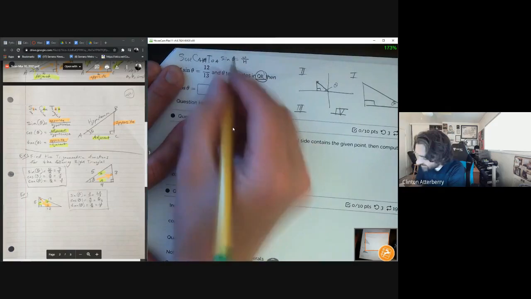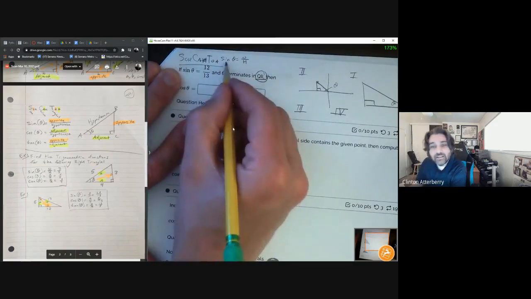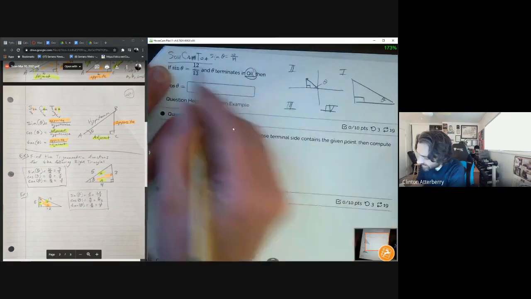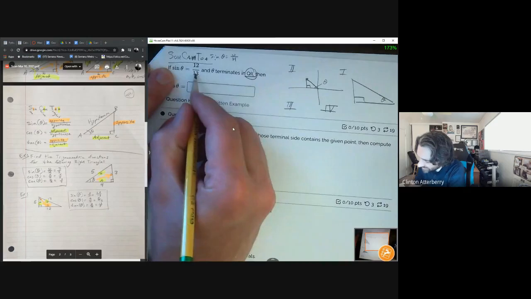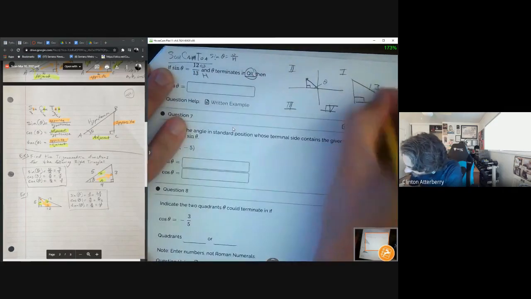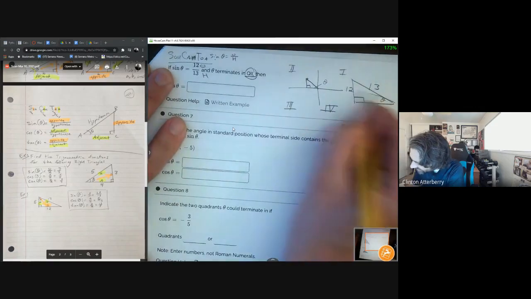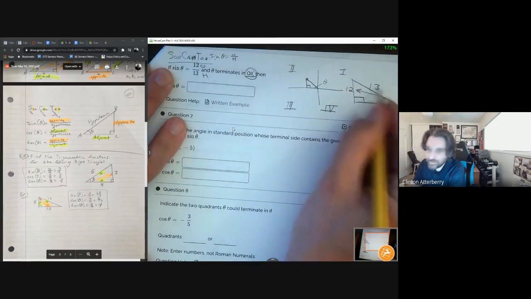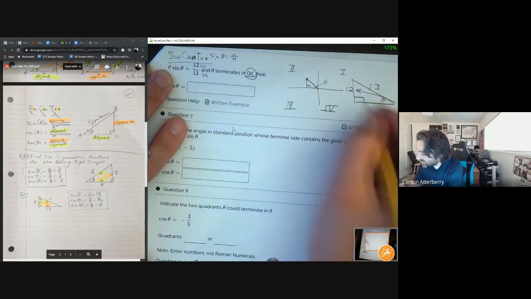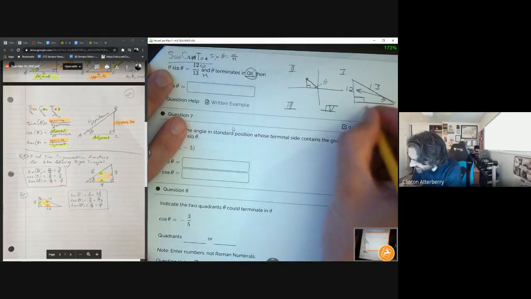So whenever you see something like sine, you should be thinking of the fraction opposite divided by hypotenuse. So when I see 12 over 13, this is the opposite, and that's the hypotenuse. So the opposite is 12, and the hypotenuse is 13. So that leaves us here with the adjacent side. This is the adjacent side.